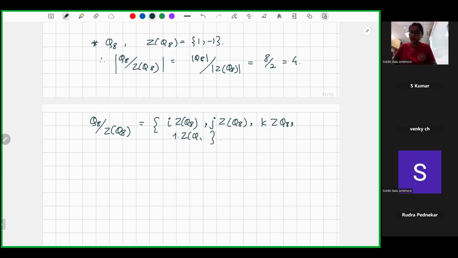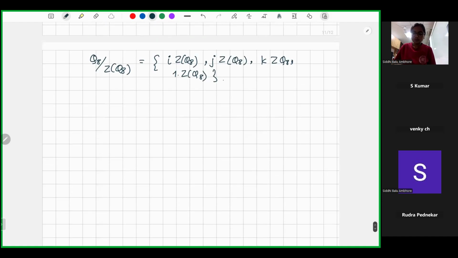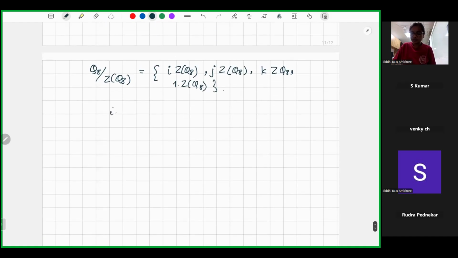And what can you conclude from this? Is this cyclic? Let us see. When I multiply any of those two, I ZQ8, J ZQ8, what is this? Okay, if you do not know what is happening when I wrote this, please let me know. Why are these the only elements here?